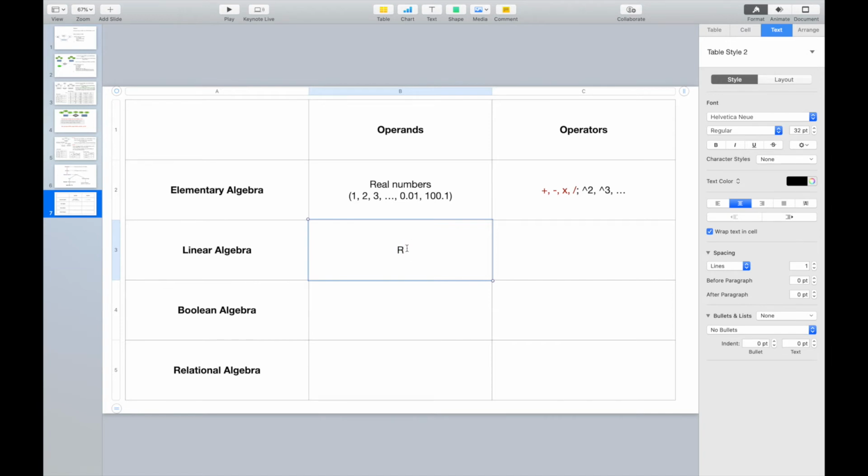R to the n denotes a vector of dimension n times 1. We can also have operands which are matrices. R to the n times m denotes a matrix, and the dimension is n times m.